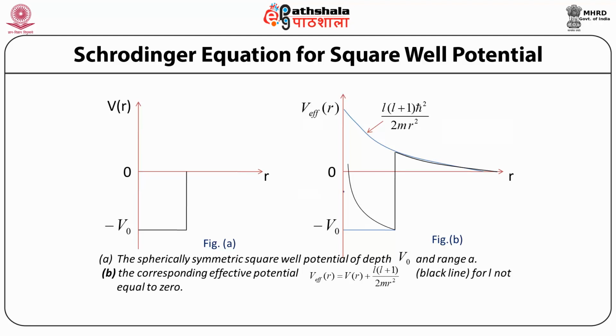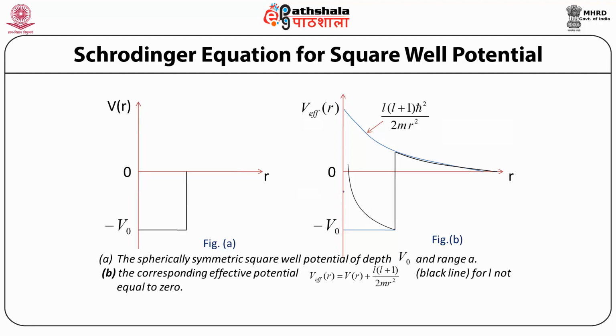When r tends to 0, it diverges, that means it goes to infinity, and with the increase of r, it falls asymptotically. That is shown by this l(l+1) h bar square by 2mr square curve.